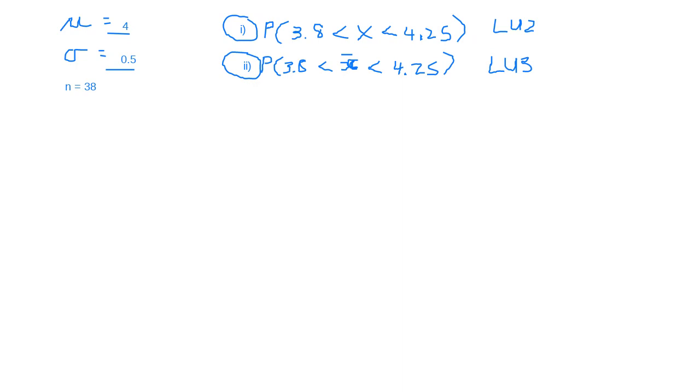But if we were talking about the sample mean, so we took a sample of, let's say, 20, and we want probabilities of the average of that sample being between certain values, then we talk about x bar.